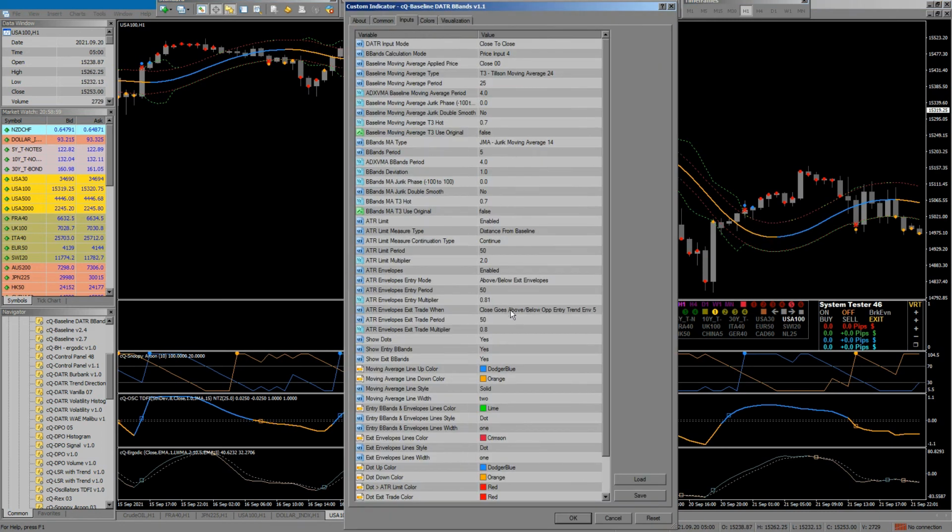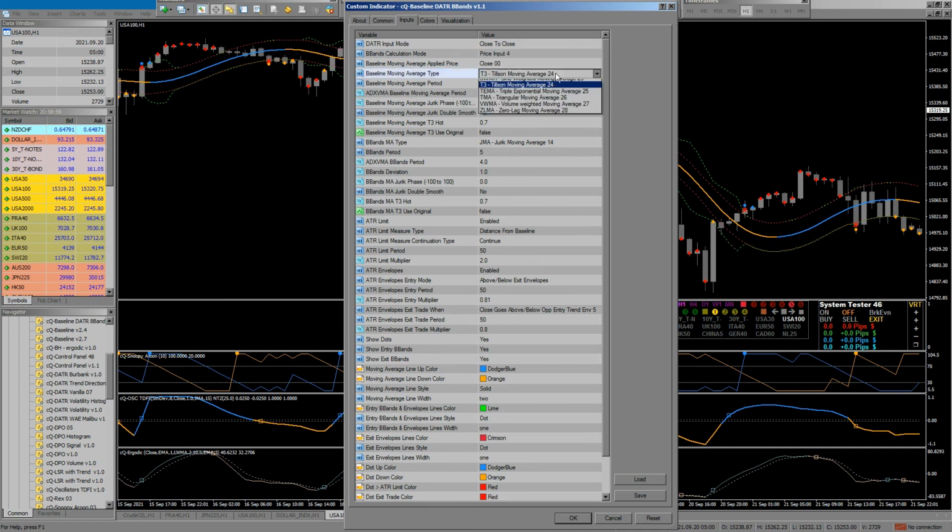And that's the only difference between the close and the price. And these numbers are just the number of the setting, so that you just put a 0 when you're trying to send the parameters to the expert advisor. And the same thing up here, that's what these numbers are.